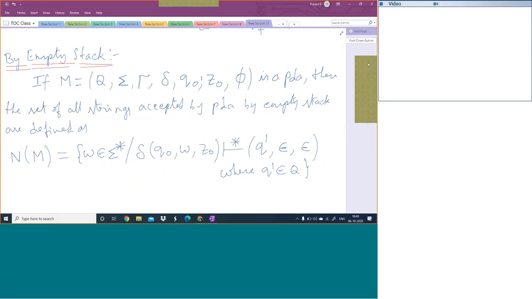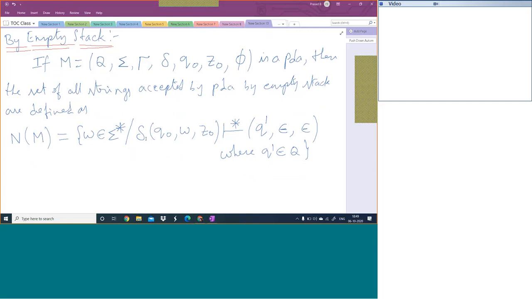Okay, next. So this is about the concept of PDA. Now we do one design. Take the question. Design a PDA for the following language.